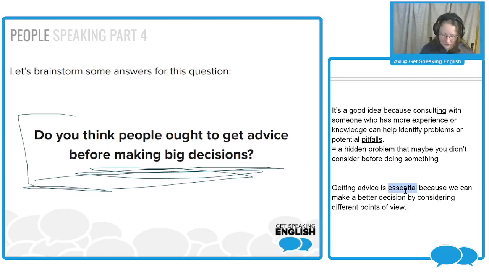So if it's essential, really important. And again here as well, right? So by, preposition, ing form, exactly. So great. So we can make a better decision by considering different points of view. And of course, different points of view, those are like what other people think, right?